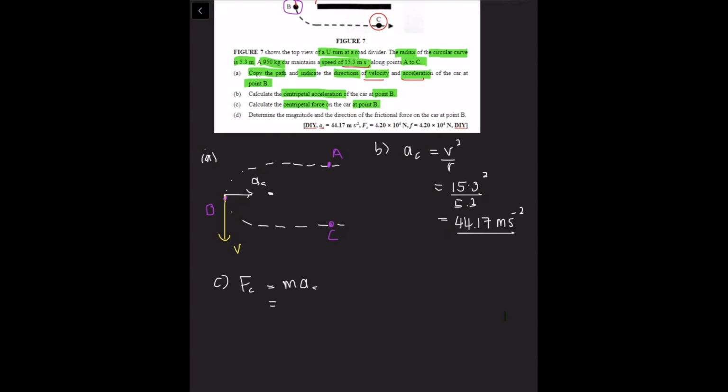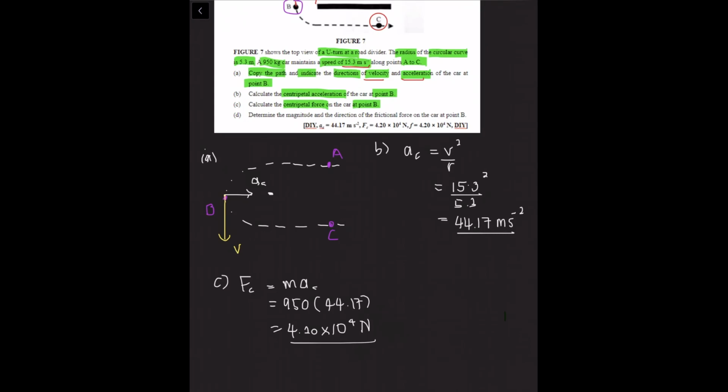M is the mass, 950, times ac, which is 44.17. So the centripetal force will be equal to 4.20 times 10 to the power of 4 newtons. The unit for centripetal force is newton.